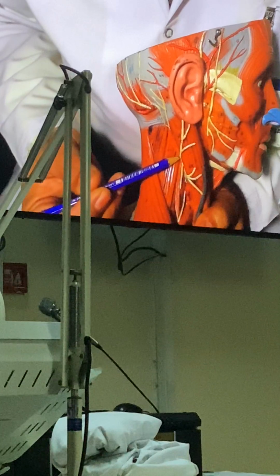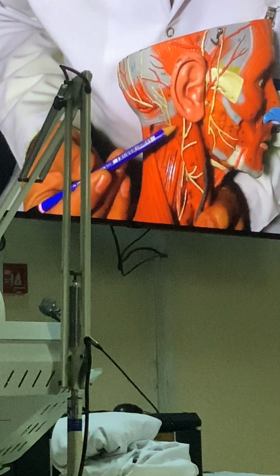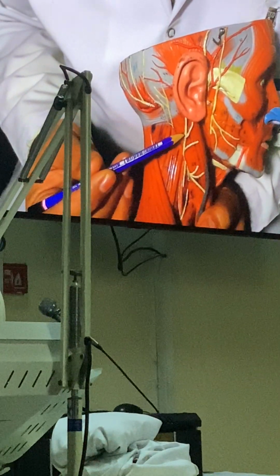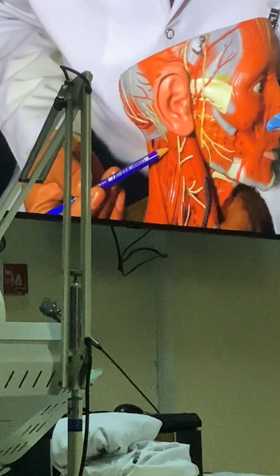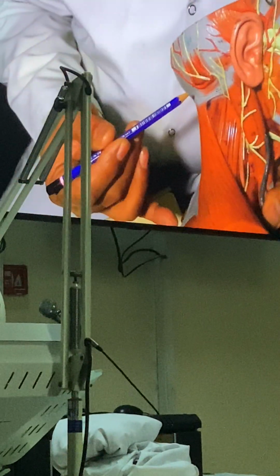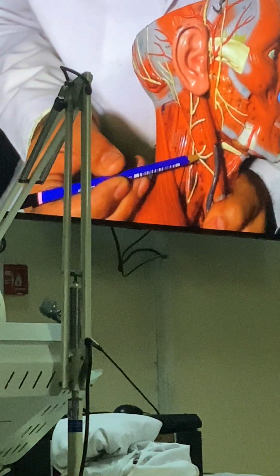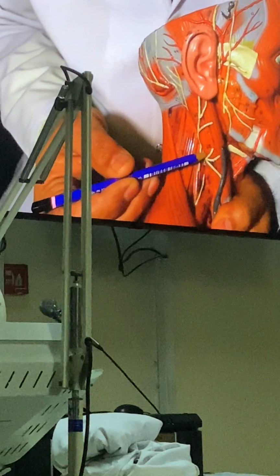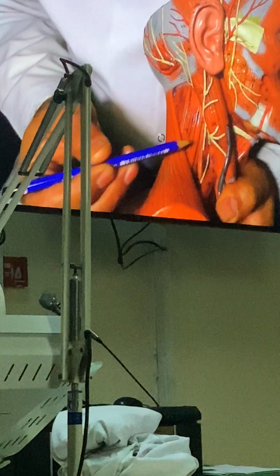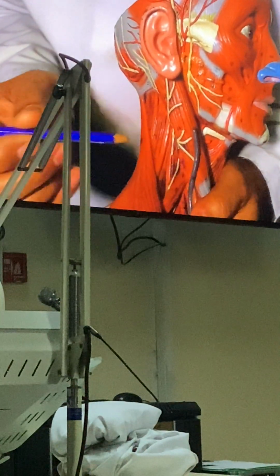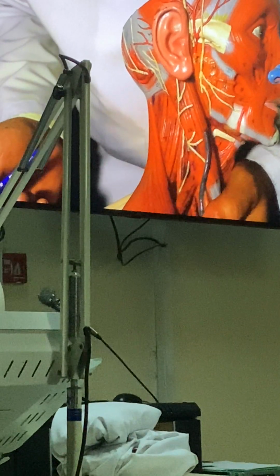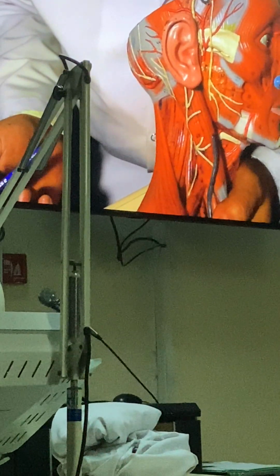The other will pass up to the auricle, and that is the great auricular nerve. And more than that, you can see an anterior cutaneous nerve of the neck. And you don't have, in this demonstration, the supraclavicular cutaneous nerve.